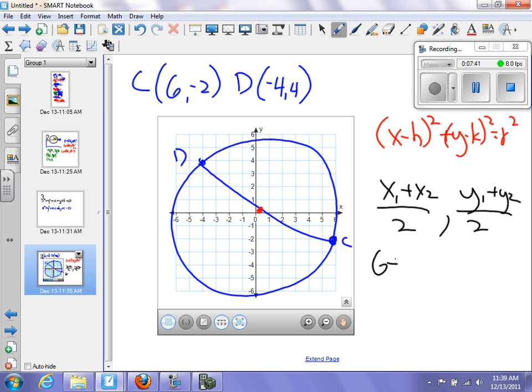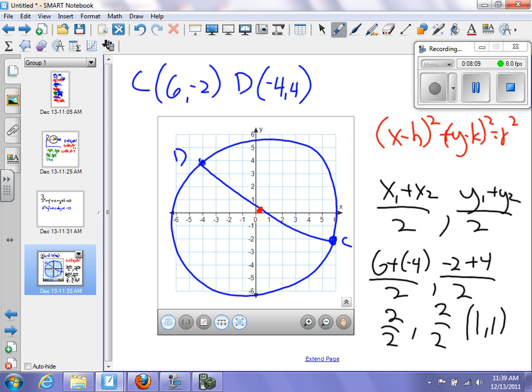So 6 plus -4 divided by 2 is going to be the x part of my midpoint, and my y is going to be -2 plus 4 divided by 2. So my midpoint is going to be, this is 2 over 2, and this is, lo and behold, 2 over 2. So my midpoint is really going to be 1, 1.